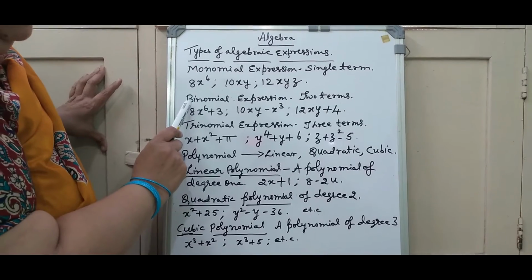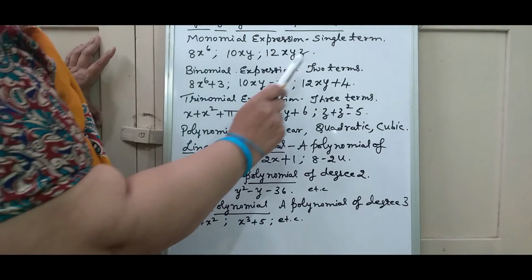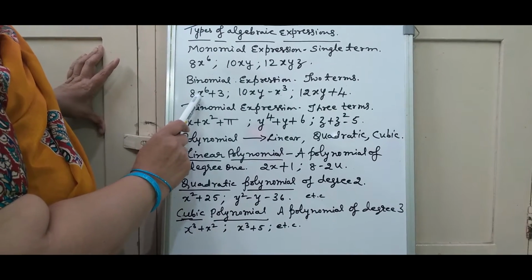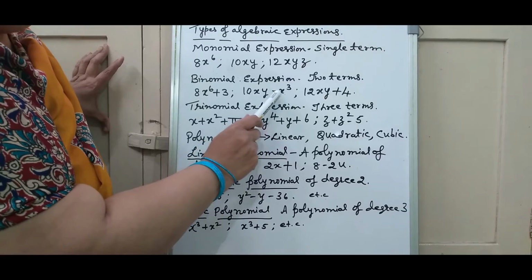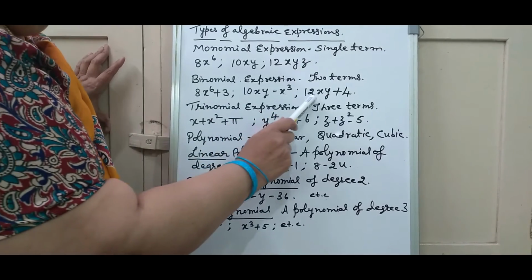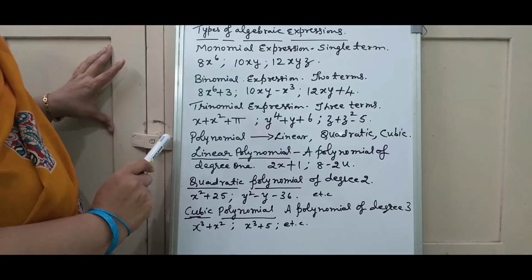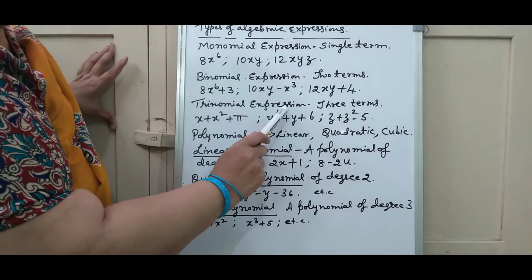Next is binomial expression. A binomial expression consists of two terms. The examples can be 8x to the power of 6 plus 3, 10xy minus x cubed, 12xy plus 4. Next will be trinomial expression.